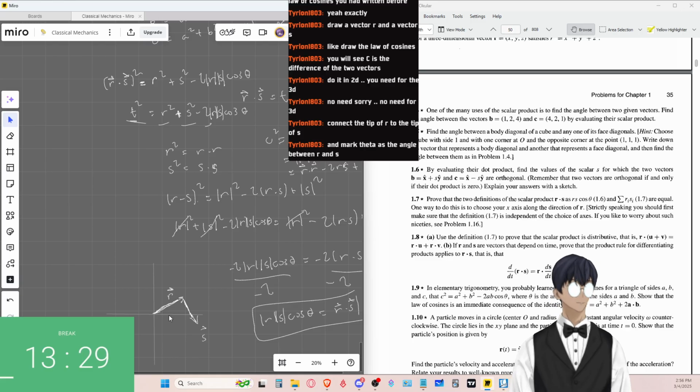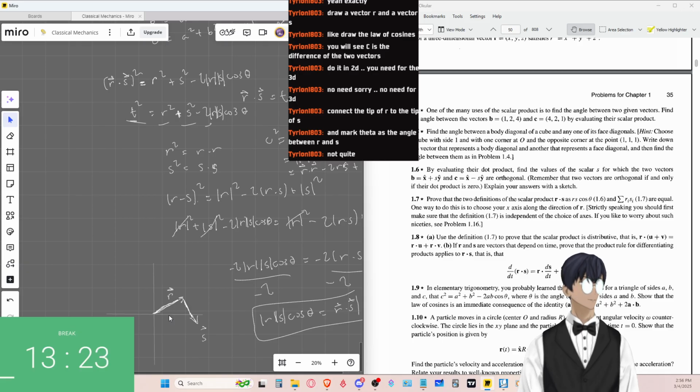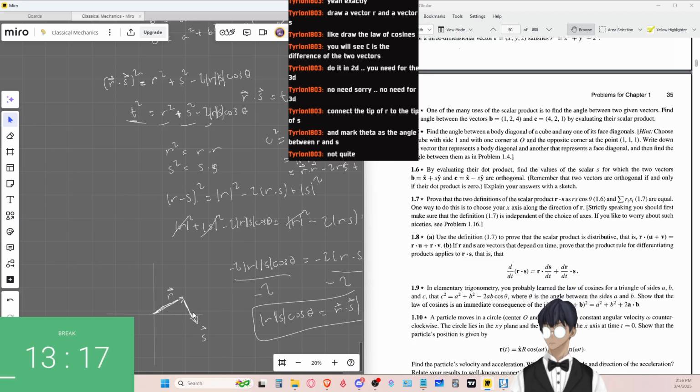I actually like that. Let's see. Connect the tip of R to the tip of, oh, to the tip of S. Okay. So. Just move you here.